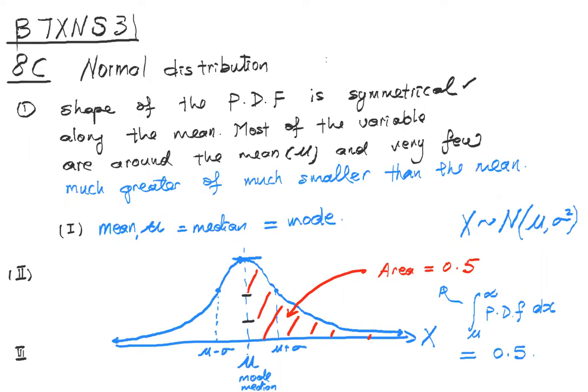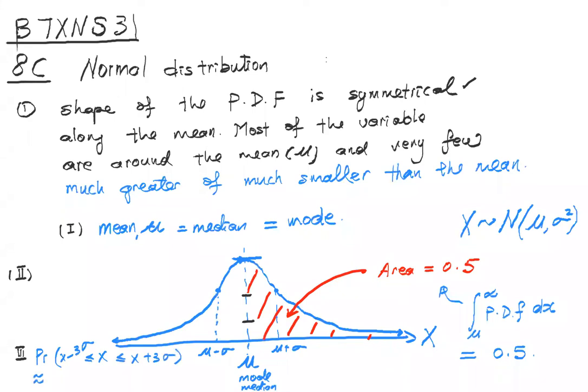Done. And the third one is probability of X, 3 standard deviation away from the mean. This is called 3 standard deviation away from the mean.